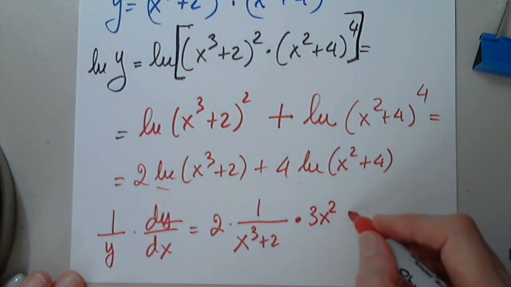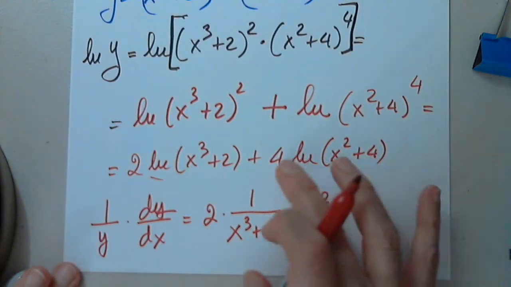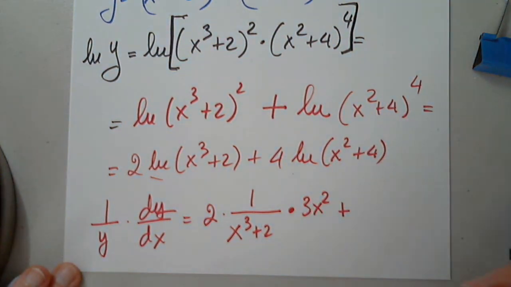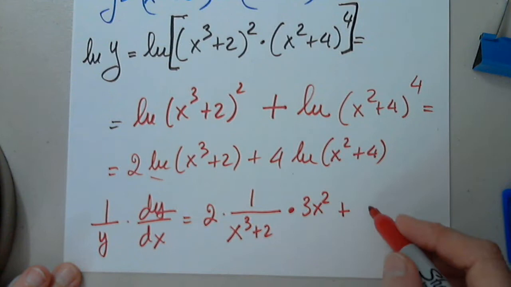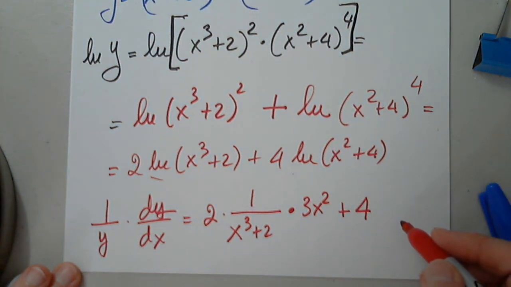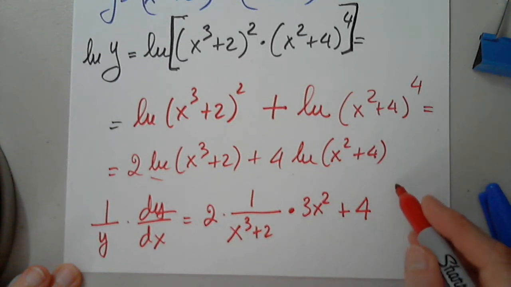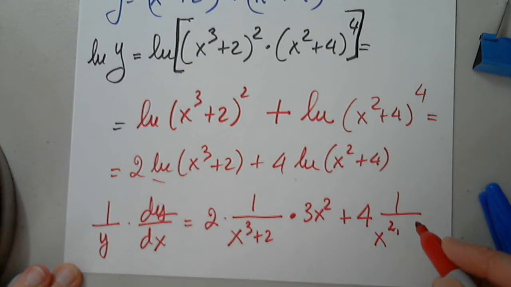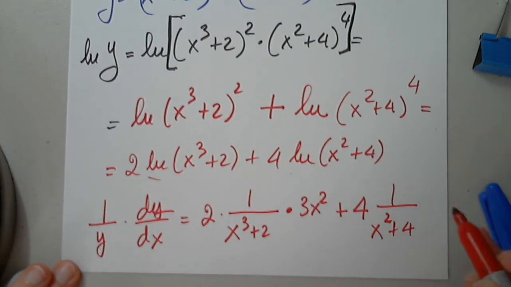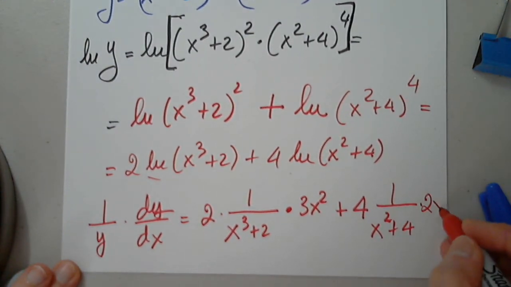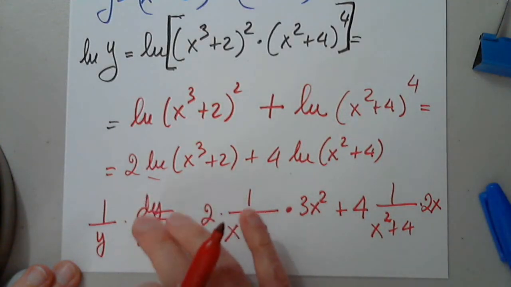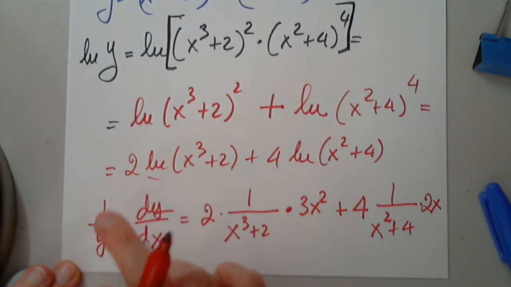Brilliant. Thank you very much. Plus, can anyone give us the derivative of this? It's the same thing, right? 1 over x squared plus 4 times 2x. That's it.